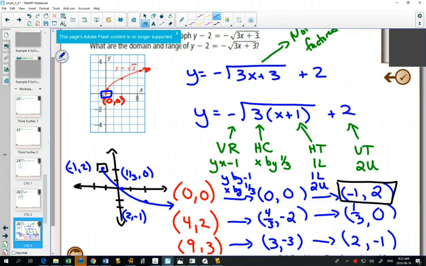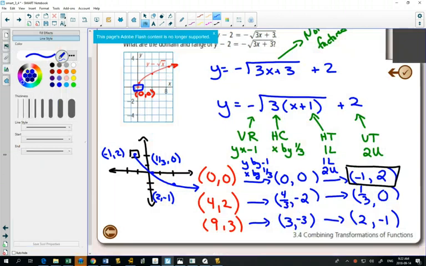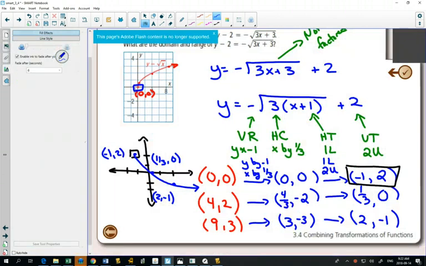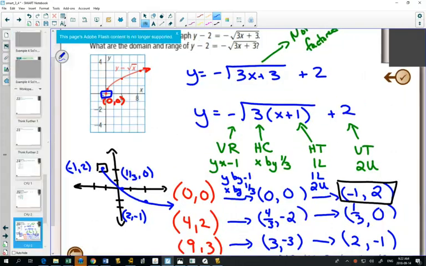For helping you with the shape, look at the shape that you started with, and then think, if I have a vertical reflection, that would flip it down. It would end like that. Then a horizontal compression, that would make it wider.